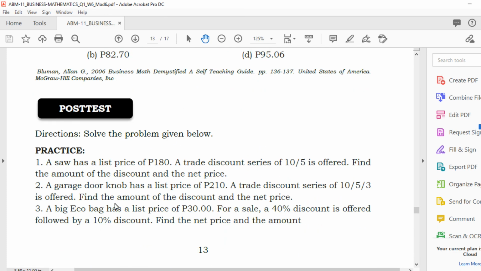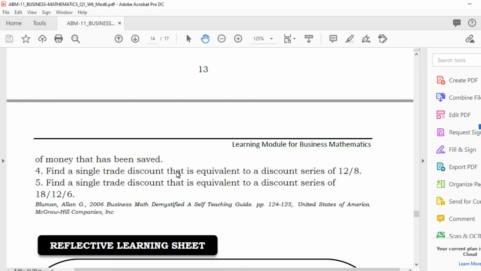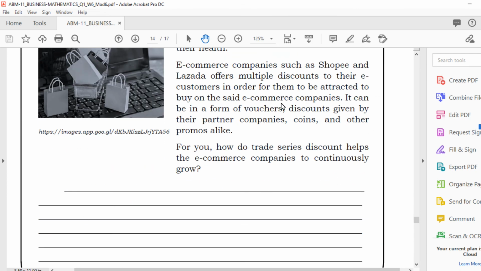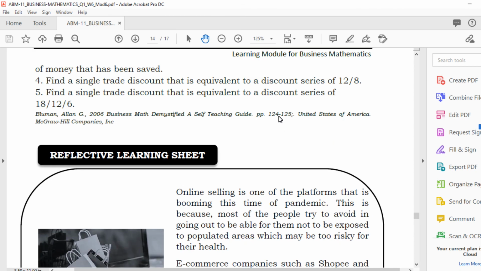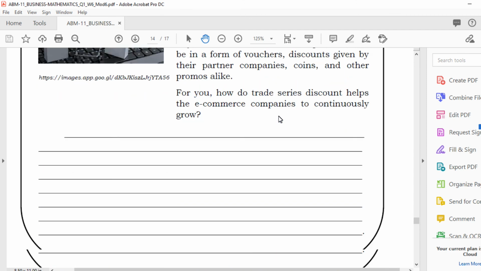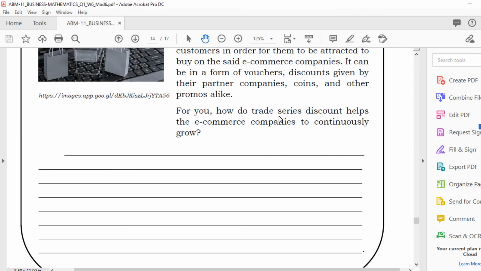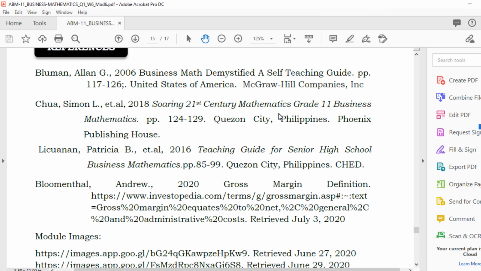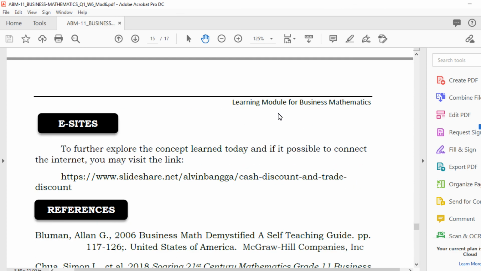And then, ito yung post test ninyo. Okay? Then, after the post test, yung reflective learning sheet. Kailangan nyo po sagutan ang reflective learning sheet ninyo. Dahil, this will be your reflections from the lesson. And then, ito yung mga sites at references na pwede ninyo gamitin kung gusto nyo pa ng further discussion or further reading pa.